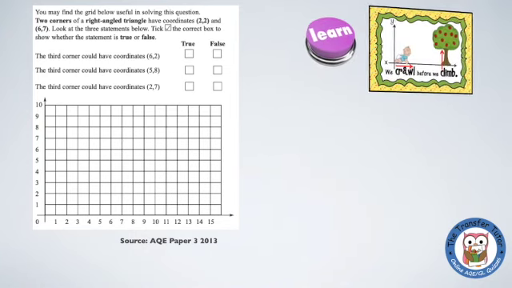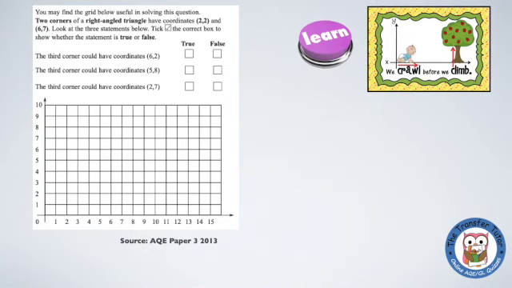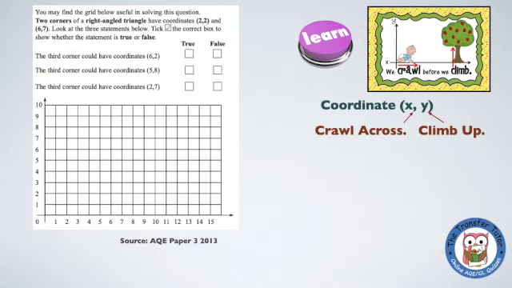So the first thing to understand, to make the child know how to deal with coordinates, is a fun phrase that is used often: we crawl before we climb. When you look at coordinate brackets, a number represented by x and a number represented by y, the x is where it's saying to go across before you go up.